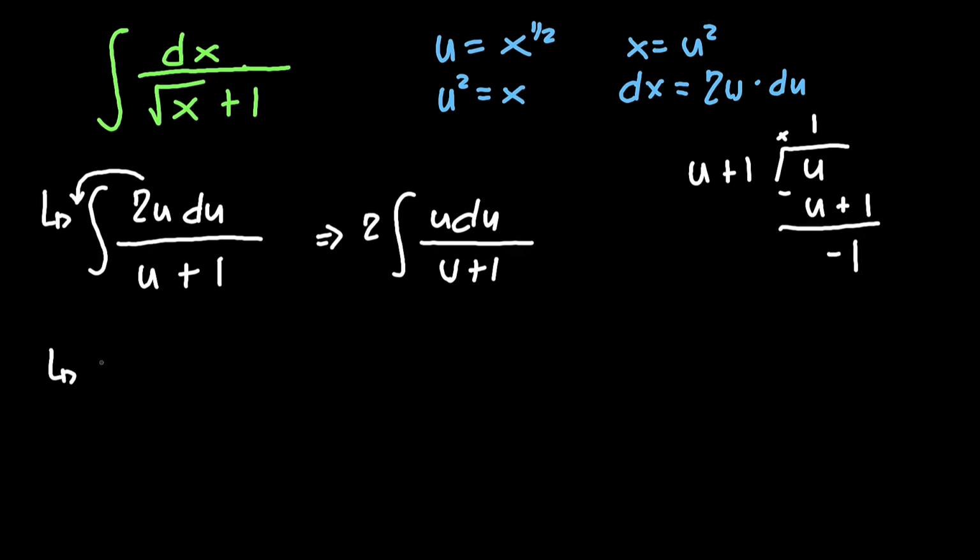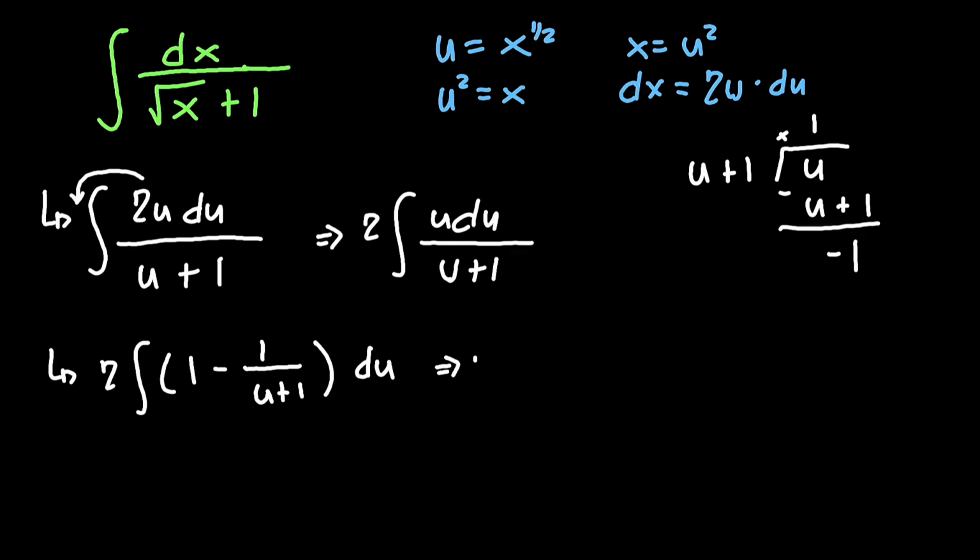And so, this would become 2 the integral of 1 minus 1 over u plus 1 multiplied by du. And so, this integral now is simplified, and so we can split this integral apart.